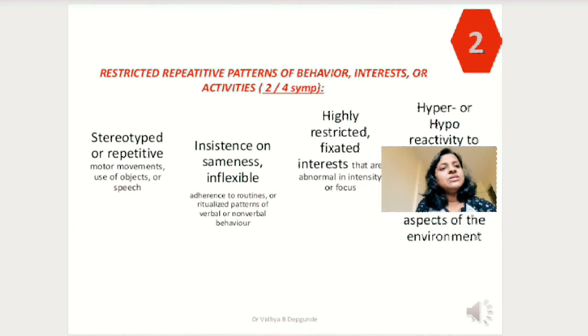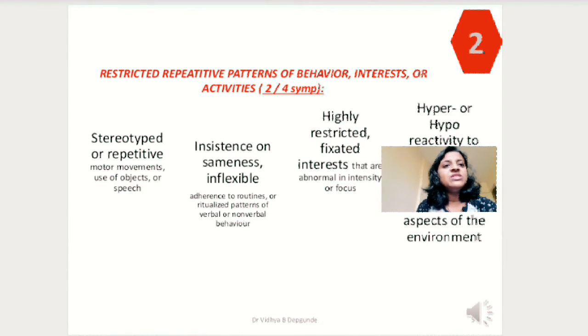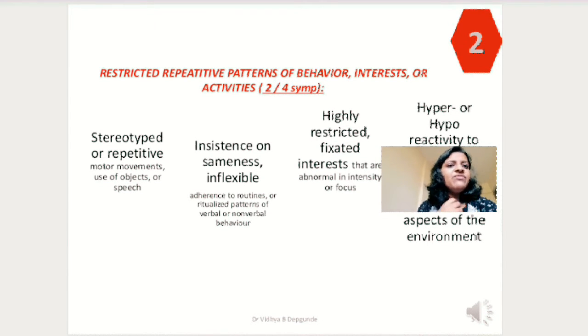In this, the person is either using his motor means, his body, to do the same action again and again, or he will speak something again and again, or he will make a particular sound again and again, or he will do something like teeth grinding again and again, or beat his head again and again. He will use one thing for one movement only, like he will take a pen and keep on moving it, or he will take a rattle and keep on banging.